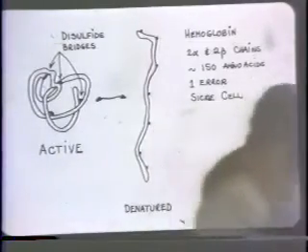Now, on the next slide, it shows a picture of a protein molecule. This is myoglobin, which is similar to hemoglobin. Myoglobin is a protein molecule which stores oxygen in muscles and so on. Here you see the front view and the side view, and you have the whole three-dimensional structure of this molecule.